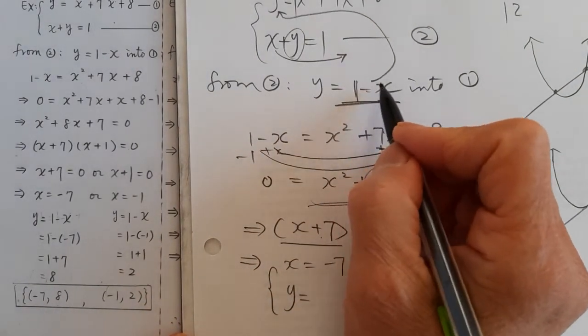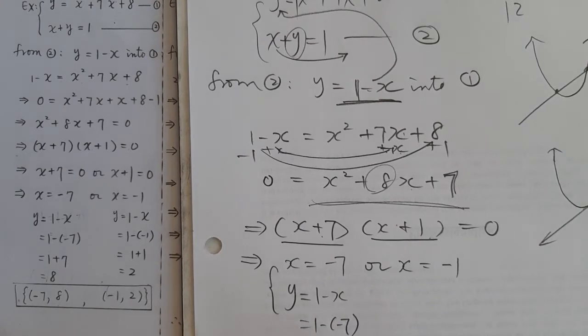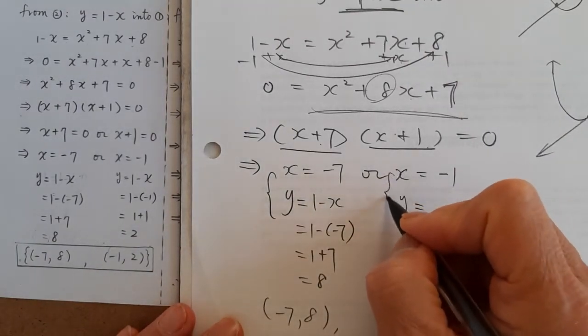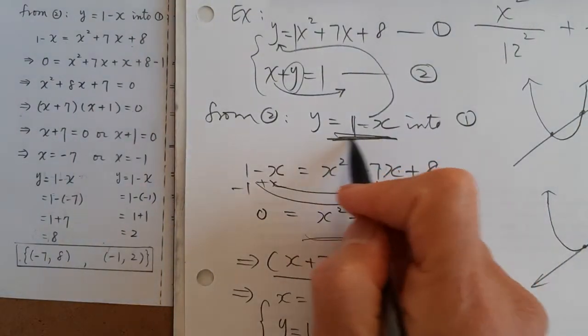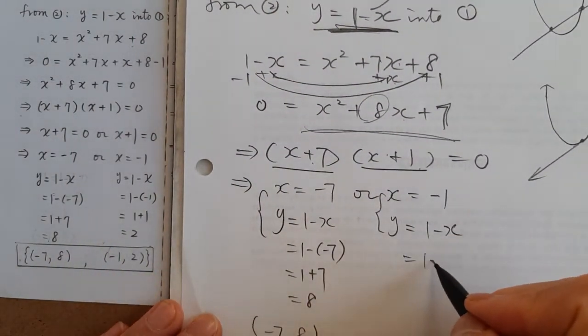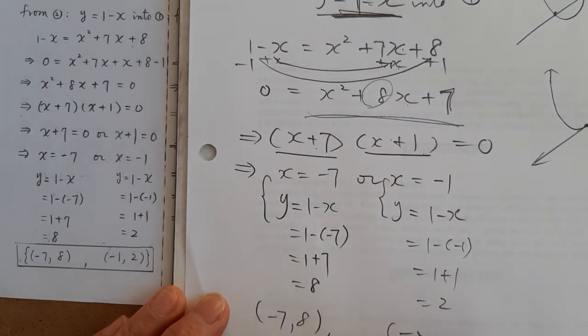Y is 1 minus x. 1 minus negative 7 is 1 plus 7 equals 8. So the first point is negative 7, 8. And then y equals 1 minus x. Plug in: 1 minus negative 1 is 1 plus 1 equals 2. So the second point is negative 1, 2.